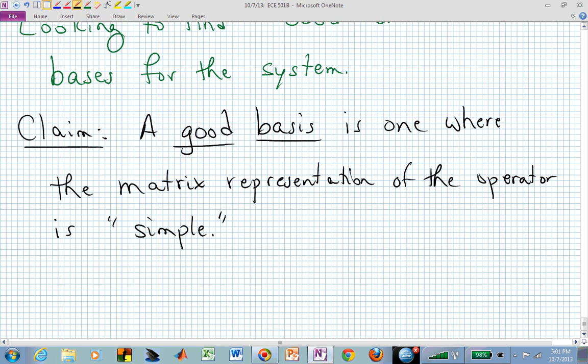Good, efficient, simple. What am I meaning by all of this? Simple maybe means lots of zeros.